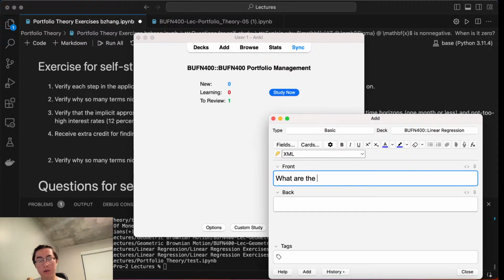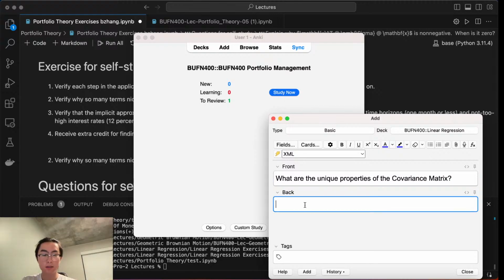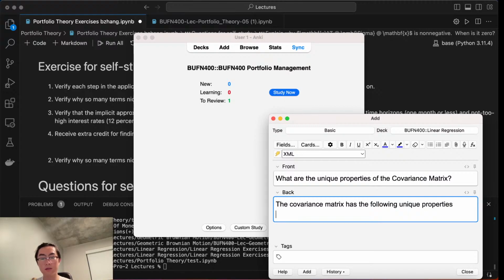What are the unique properties of the covariance matrix? The covariance matrix is a symmetric square matrix and has the following unique properties.